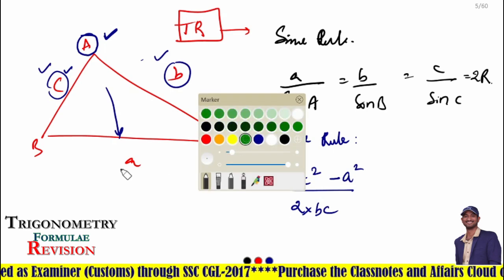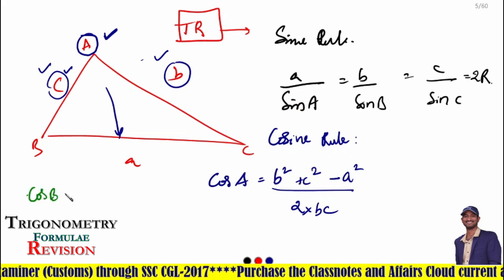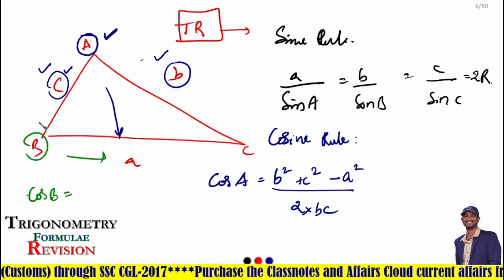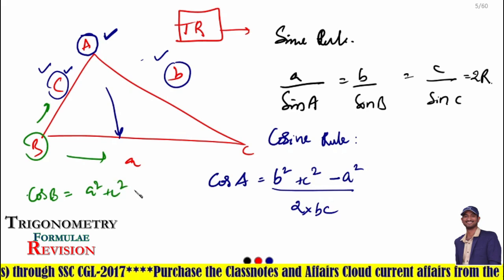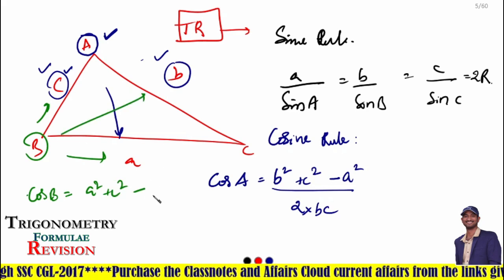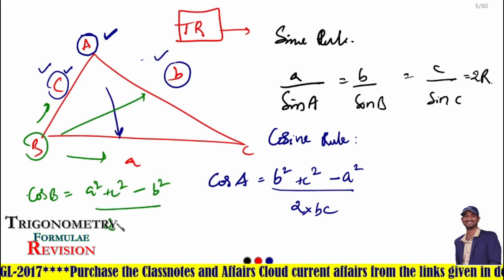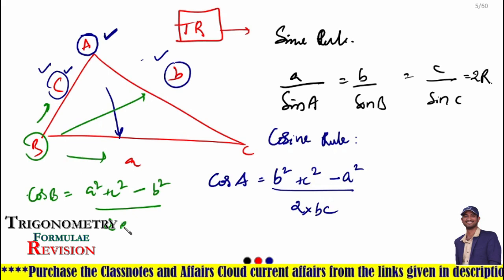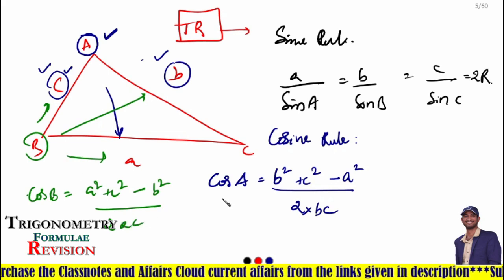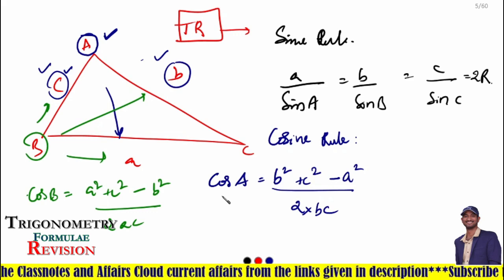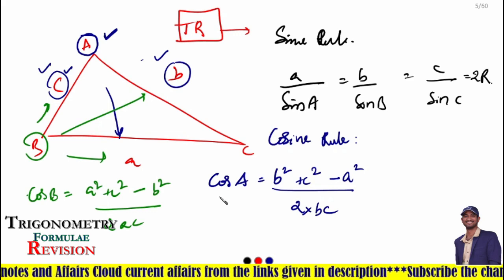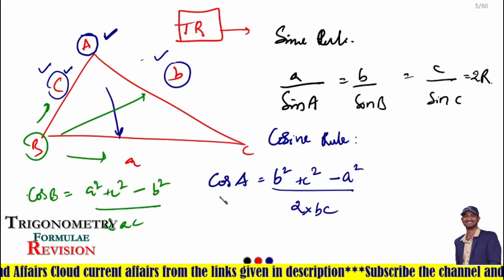Similarly, if I want to write down cos B, what is the value of cos B? It is a square plus c square minus b square, the opposite square, by 2 times the product of the adjacent sides. These are about the cosine rule. The sine rule and cosine rule are very important in solving some problems.